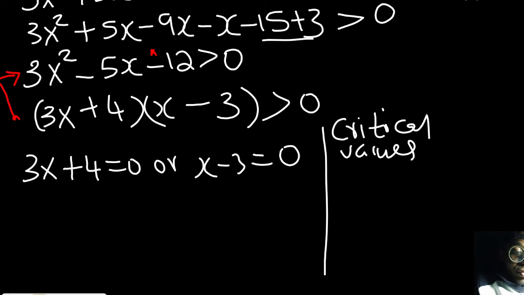All right, so 3x is equal to negative 4.